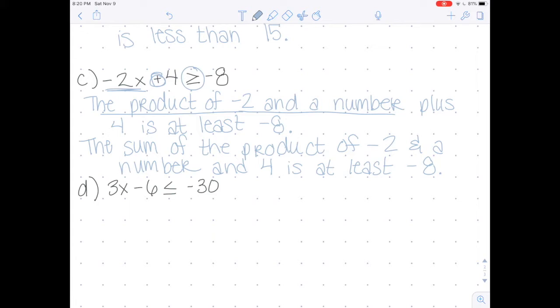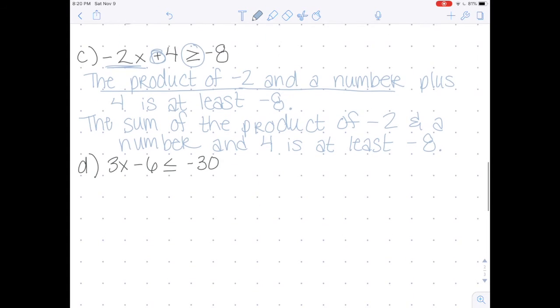Both of these answers are correct. There is more than one way to write the sentence form of these inequalities. So it's okay if yours doesn't always match the person sitting next to you. You might just think about it in a different way than them.